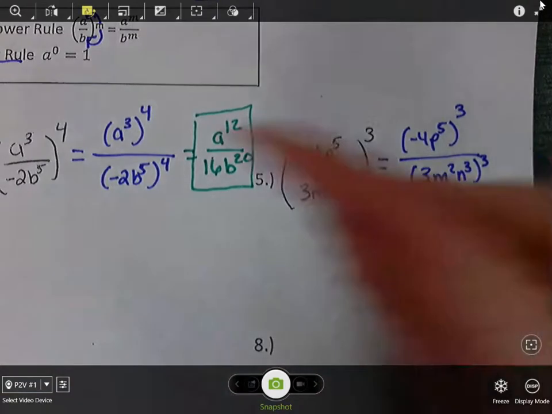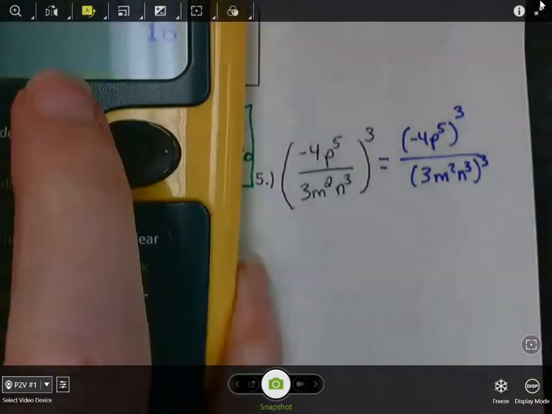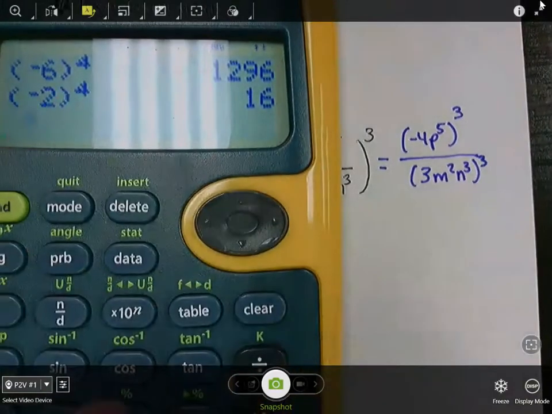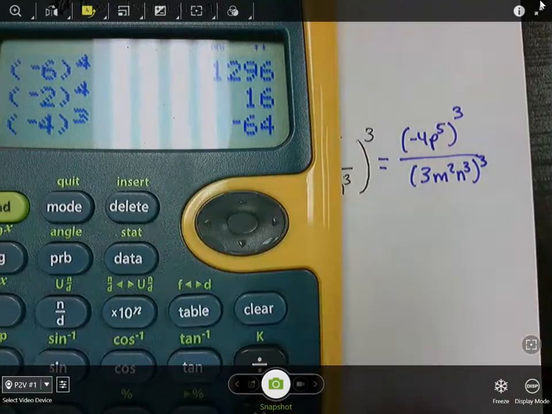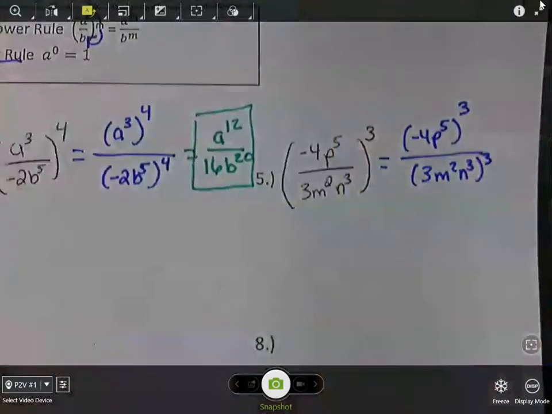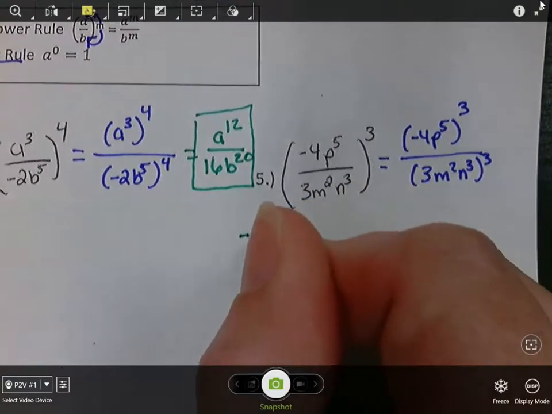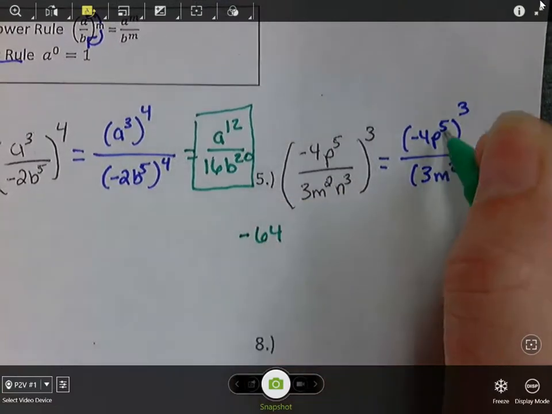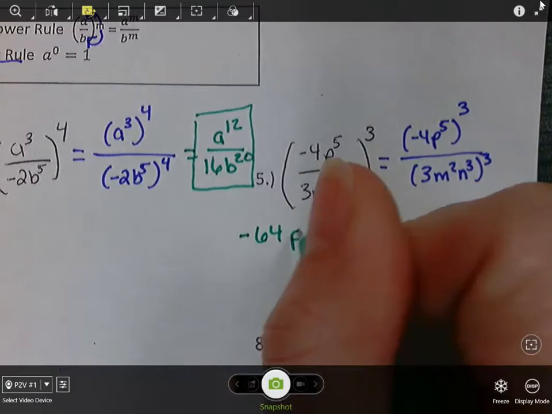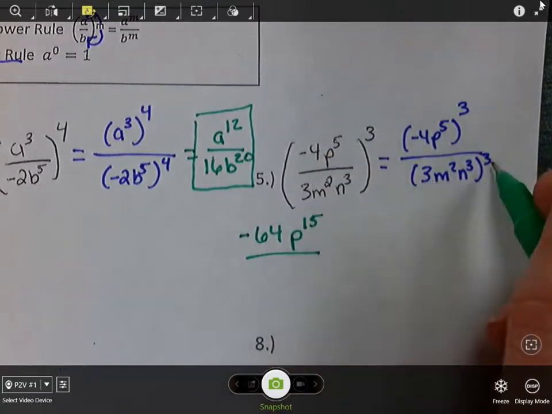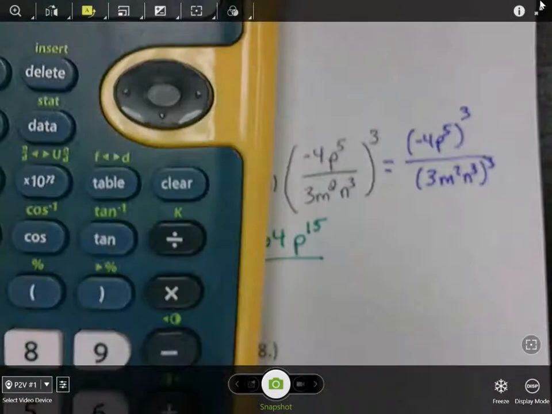Okay. Now I'm going to use my calculator. And I'm going to type in parentheses negative 4 to the third power, and I get negative 64. And I'm going to go over here so I have more room. P to the fifth to the third power would be p to the 15th over, now I need to do 3 to the third power, which I believe is 27.